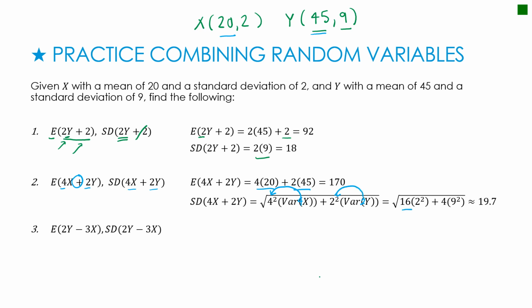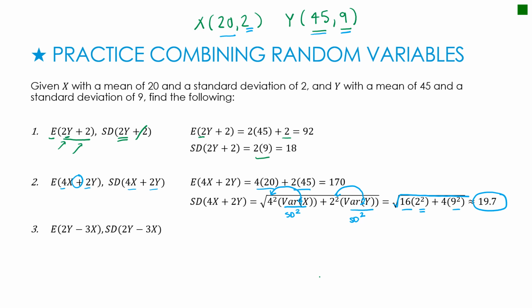So I'm taking 16 times the variance of x, and the variance of x is found by taking the standard deviation squared. And so notice I've taken 2 and squared it. And then the variance of y is the standard deviation of y squared. So I'm taking 9 and I'm squaring it. And then I'm doing all of that work on the inside, adding those products together, then taking the square root, and I get 19.7.